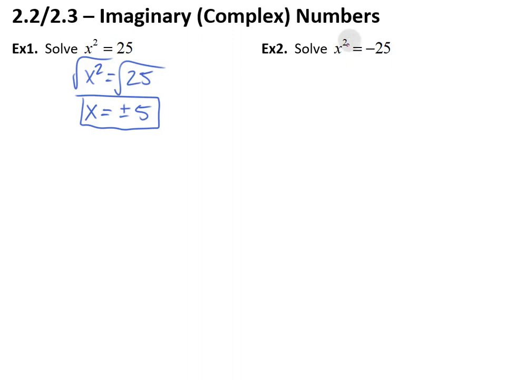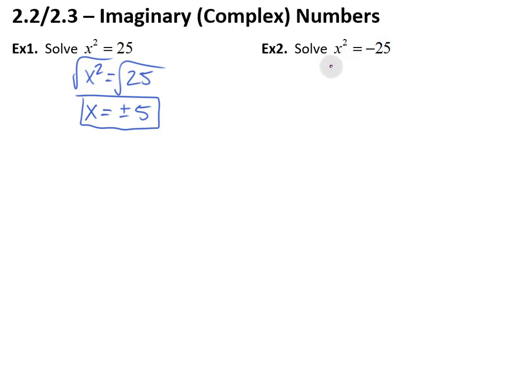Okay, so if we look at example 2, which is a very similar problem, but now it's asking what times itself twice equals negative 25. Well, a positive times a positive is positive. A negative times a negative is positive. Is there any real number that times itself twice is negative 25?